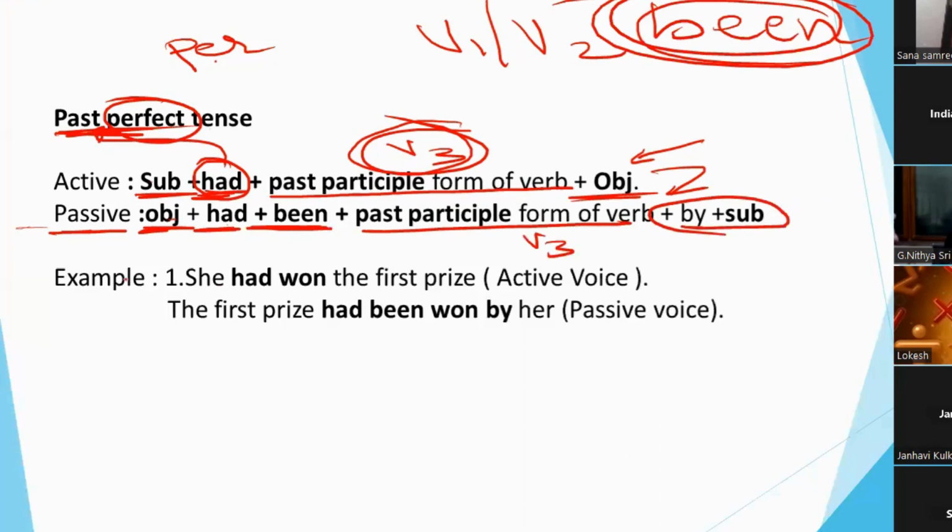For example, she had won the first prize. When we convert this into the passive voice, it becomes the first prize had been won by her. She changes to her here. Understood, everyone? Yes, ma'am.